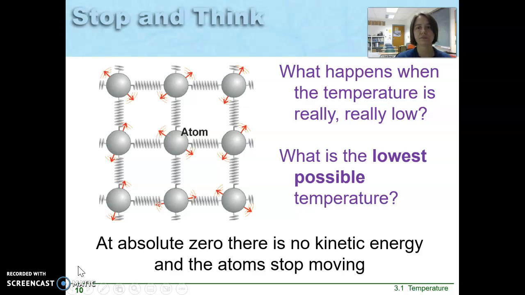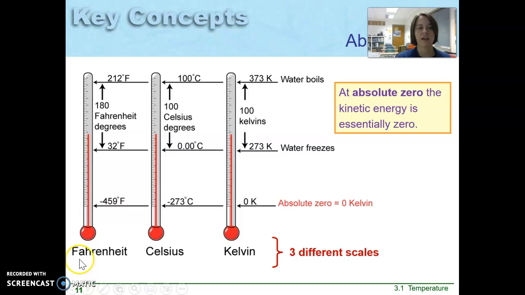Absolute zero is measured as 0 Kelvin, which is negative 273 degrees Celsius and negative 459 degrees Fahrenheit. That would be a good thing to write down: 0 Kelvin equals negative 273 degrees Celsius. If you want the Fahrenheit, you can, but in science, we're just going to stick here.